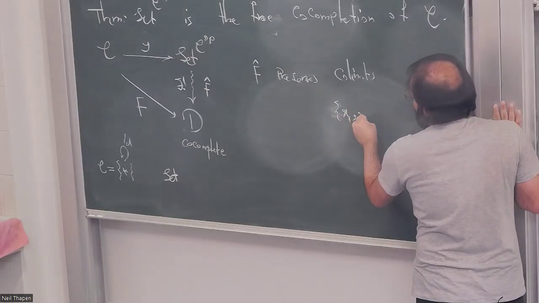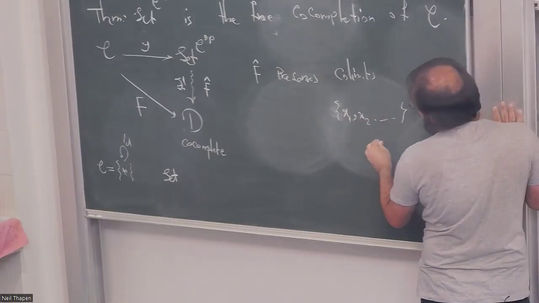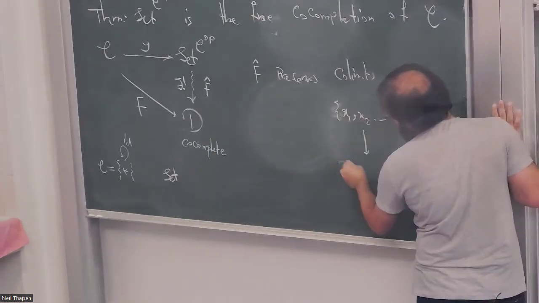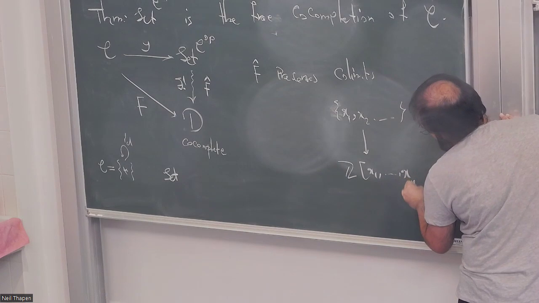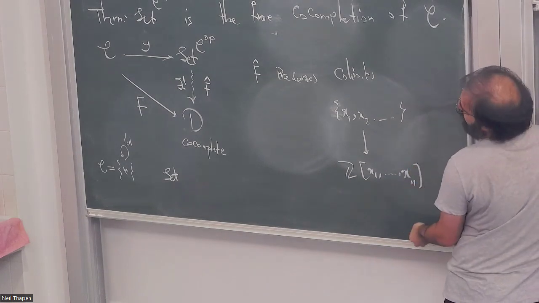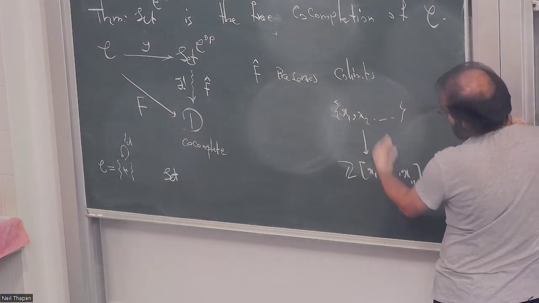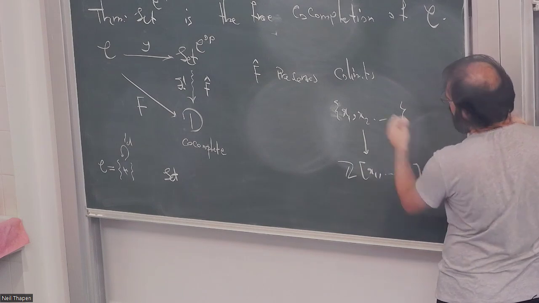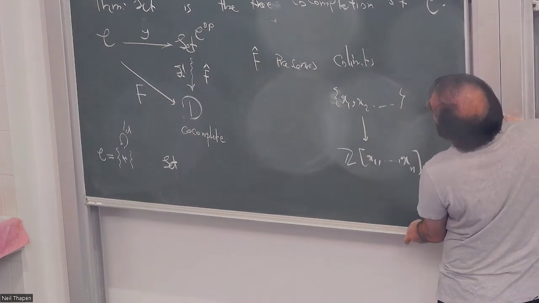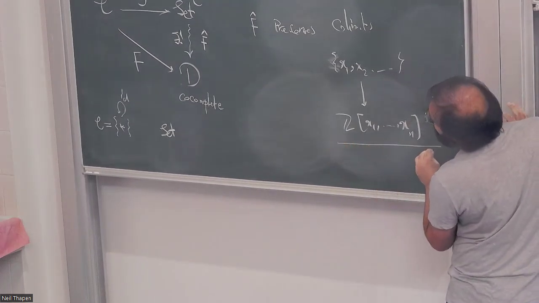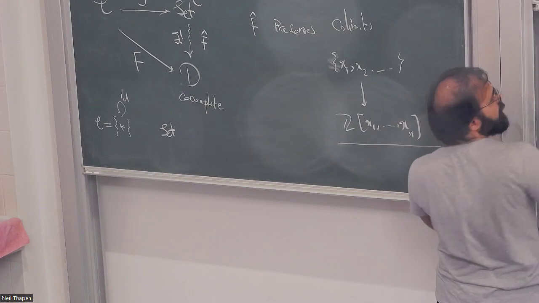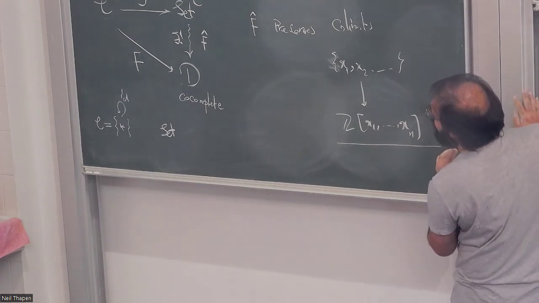You have x1, x2, something, and then you go from this to, say, Z of, the free ring. If a category is a ring, then you construct a free ring or free group or whatever. But maybe the one that's closer to our setting is just that 2 to the P thing.